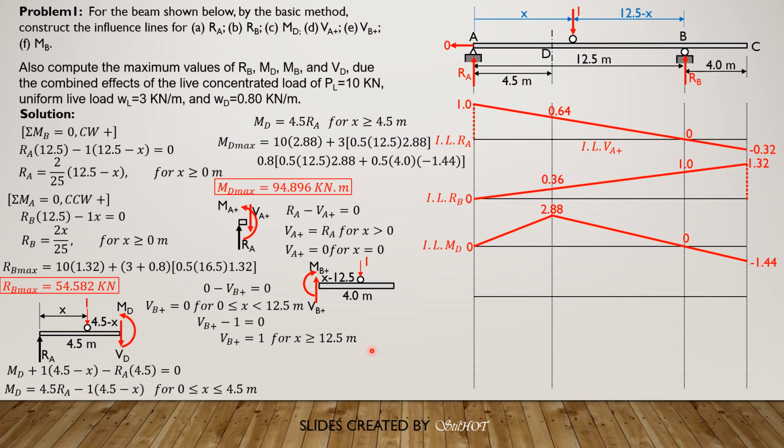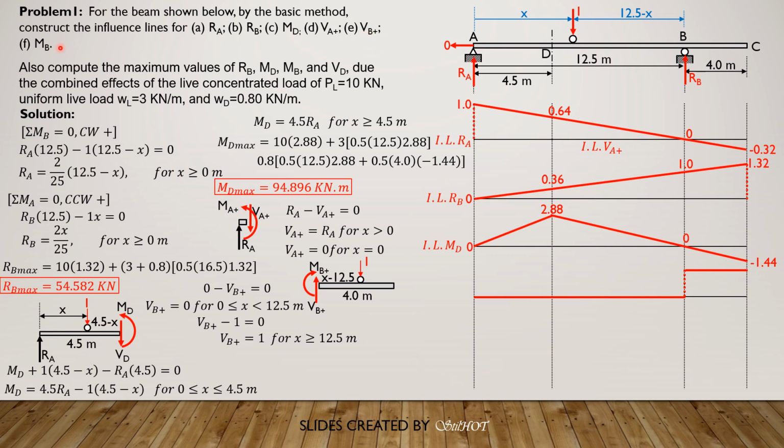So shear at B just to the right equals 1 for x greater than or equal to 12.5. So we are now ready to plot. From A to B, it is 0. Then it jumps to 1 and stays constant for x greater than 12.5. So that's the influence line for shear just to the right of B.